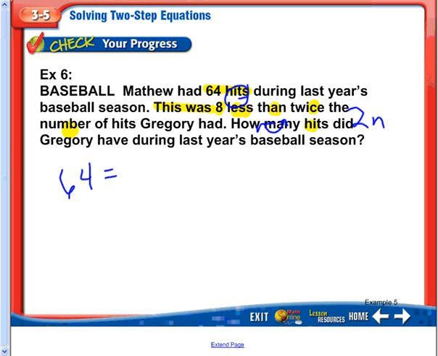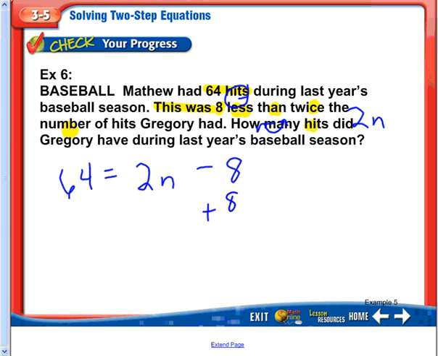Twice the number can be represented with the expression 2n. So, since I need to use 2n, 8, subtraction, and I need to switch the order, I'll start with 2n, use subtraction, and there's 8. And I switched the order because of the word then.